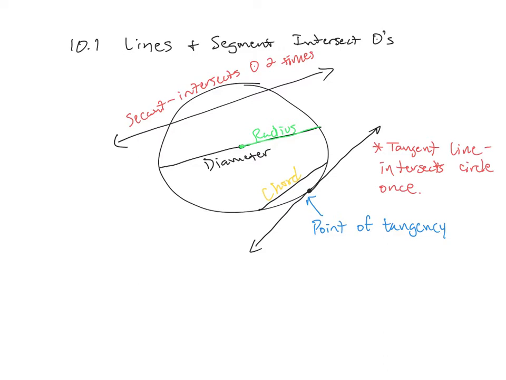So we have a tangent line that touches the circle once. A secant line that touches the circle twice. A chord, if you notice, is on the inside of the circle. It's not a line. It has an endpoint on the edge of the circle, and it has an endpoint on the edge of the circle. It doesn't keep going. Okay, so yeah, it's twice, but it's only on the inside, where the secant is twice, but it's a line that just goes through the circle.